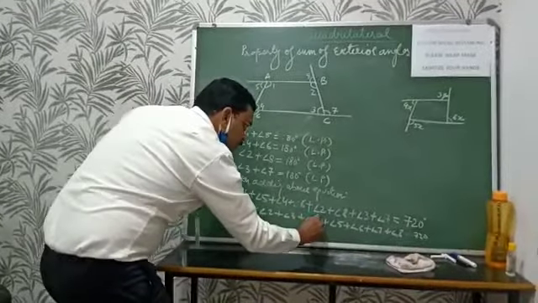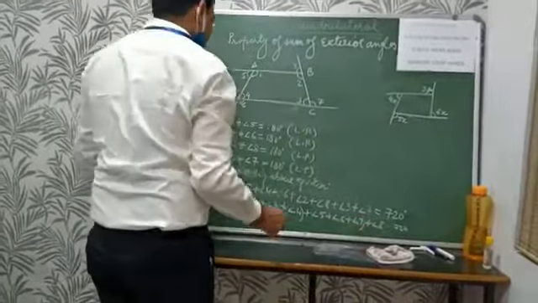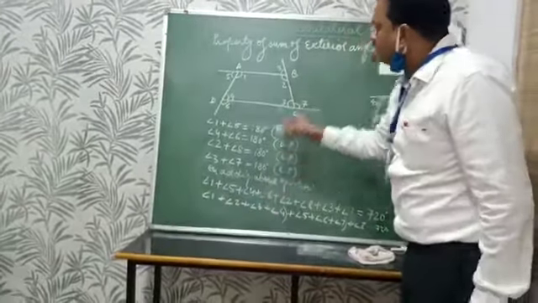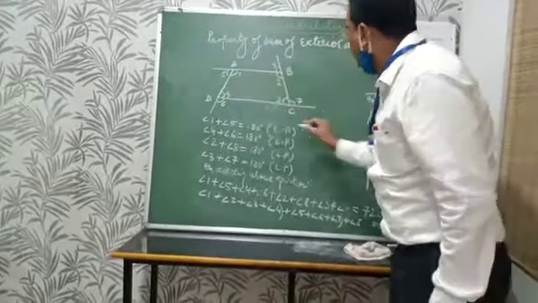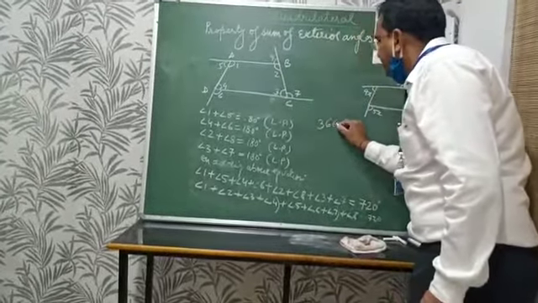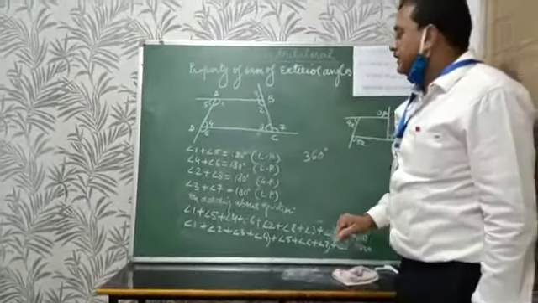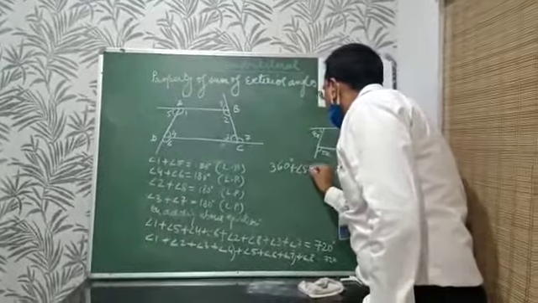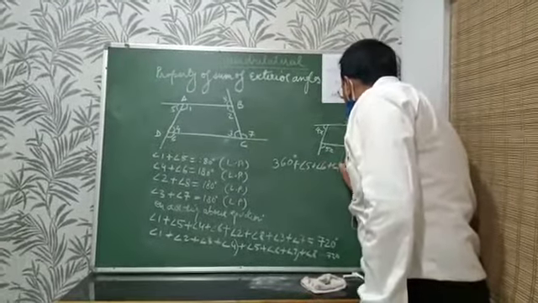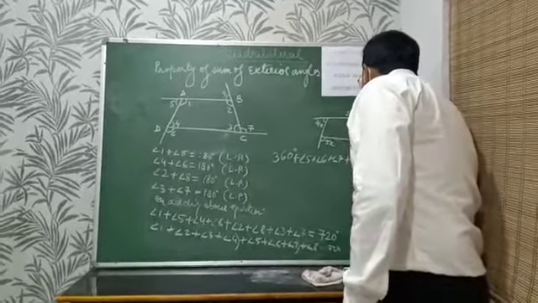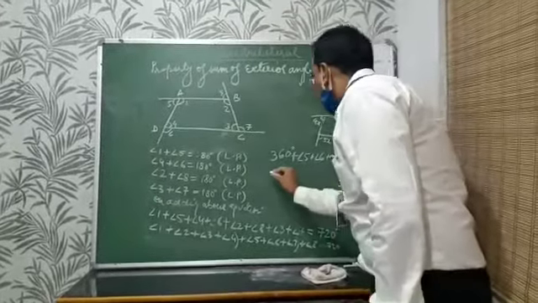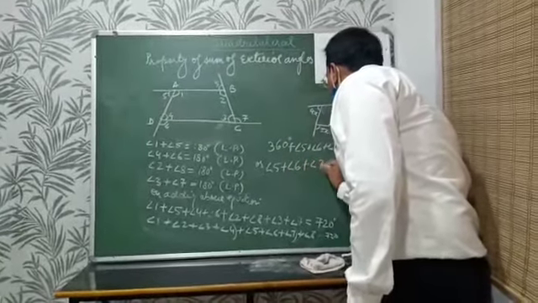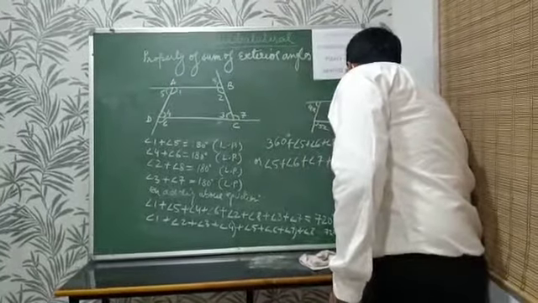Now the sum of all 4 interior angles 1, 2, 3, 4 of the quadrilateral is equal to 360 degrees. Now the remaining are 5, 6, 7, 8. Angle 5 plus angle 6 plus angle 7 plus angle 8 plus 360 is equal to 720.